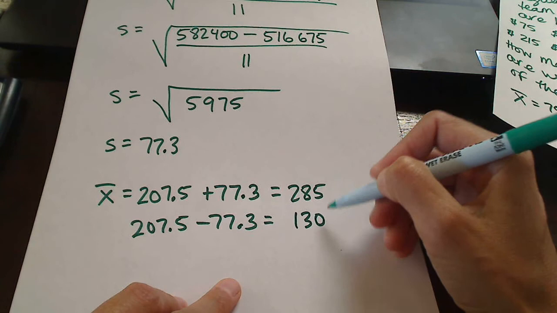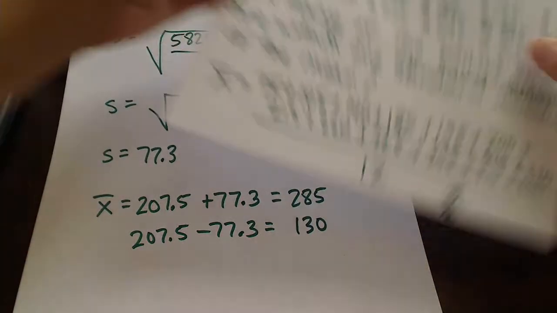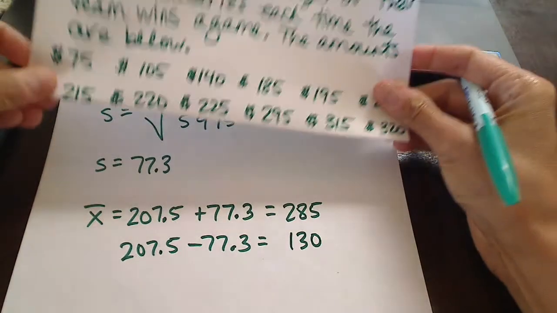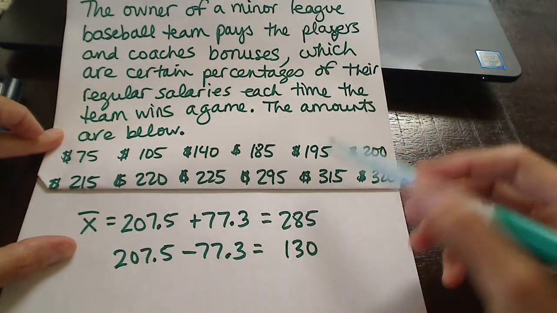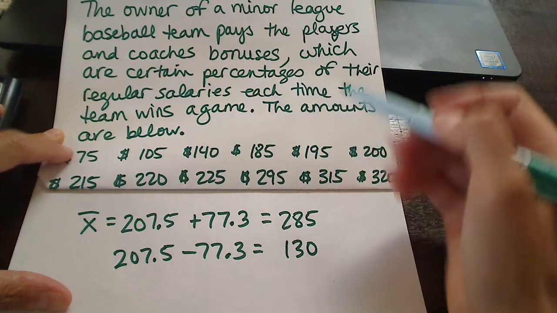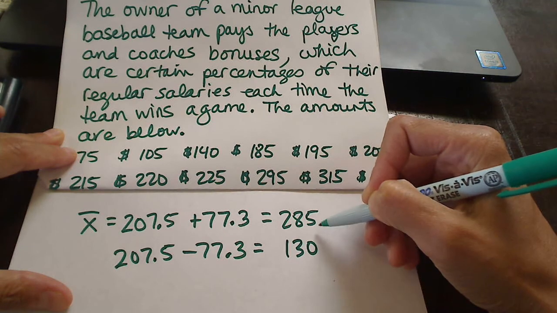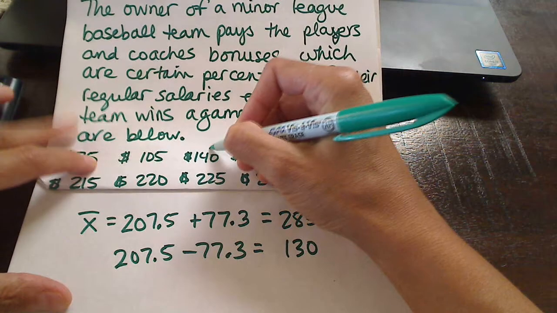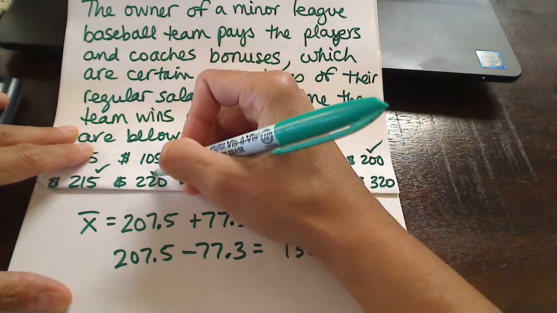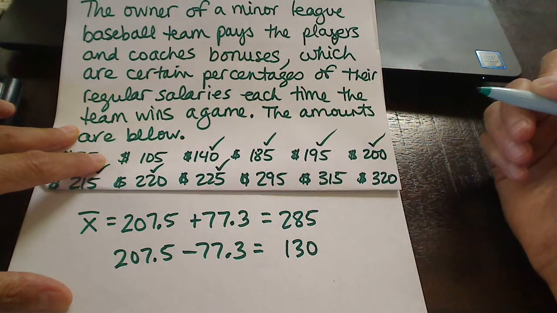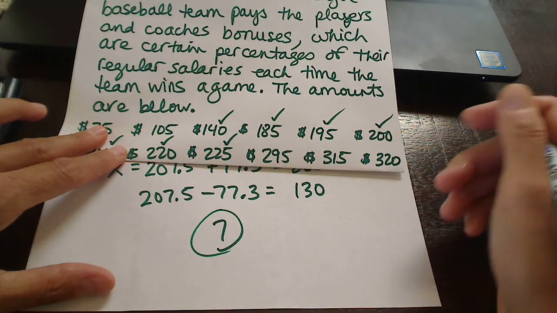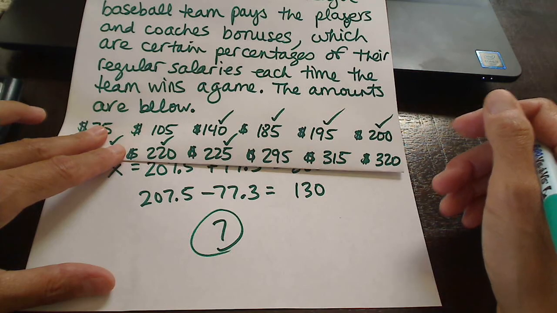So what we're looking for is how many of these numbers right here fall between these two numbers. And so if we just count, we want to be higher than 130 and less than 285. So here's 1, 2, 3, 4, 5, 6, and it looks like 7. So 7 would actually be the answer here. That's what they're looking for. And that's it in this problem.